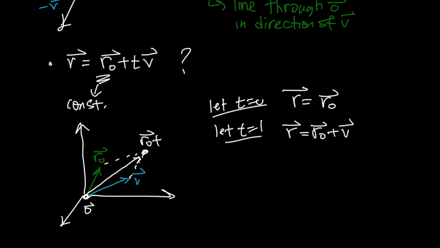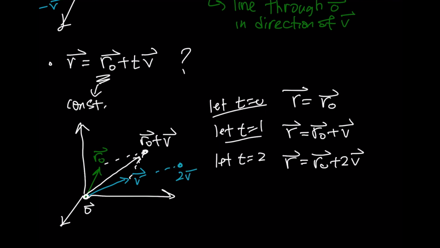Now, if I continue doing this, I'll get different additions. And if I were to stretch out the vector to 2v, and if I were to use the parallelogram rule again, what I would find is another vector right there. I could extend it to the negative direction, so there would be negative v. And if I were to use the parallelogram rule here, this would be r0 minus v.